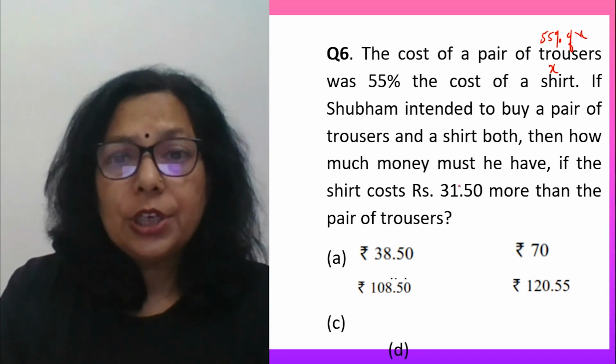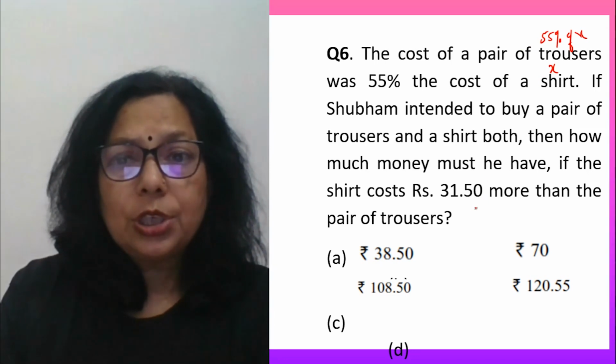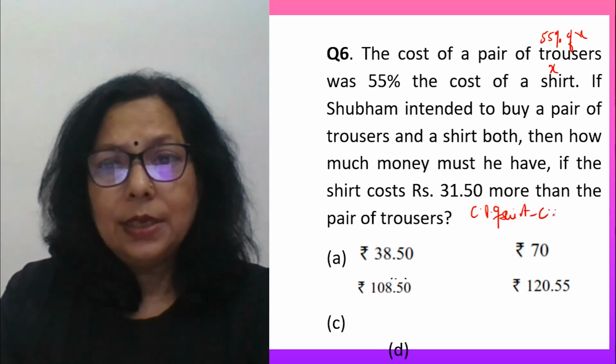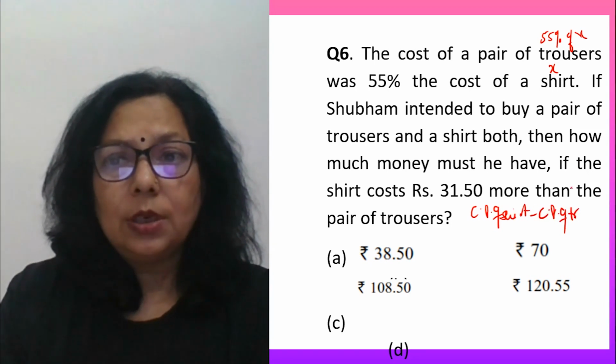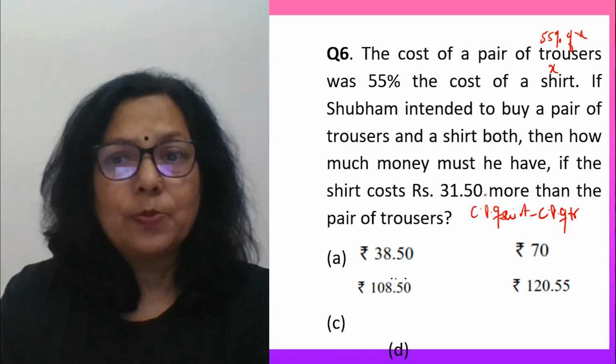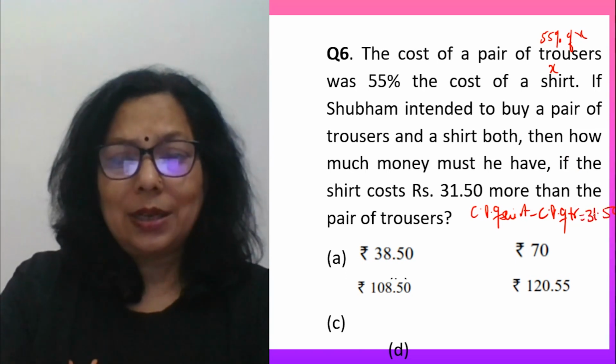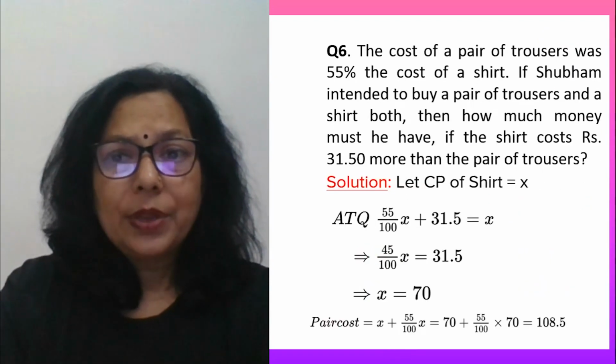Now, the shirt costs more. So CP of shirt minus CP of trouser is equal to 31.50. This is the relation.